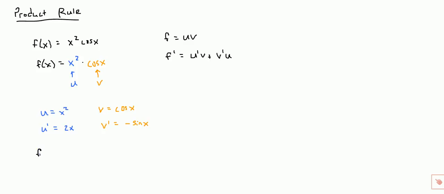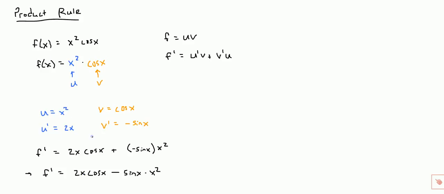That means that f prime is equal to u prime times v plus v prime times u. Okay? We can just rewrite that. 2x cosine x minus sine x times x squared. Okay, so we have a formula, we find what we need, and we plug it in.